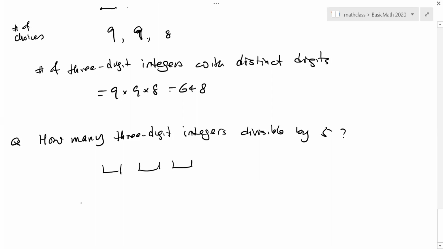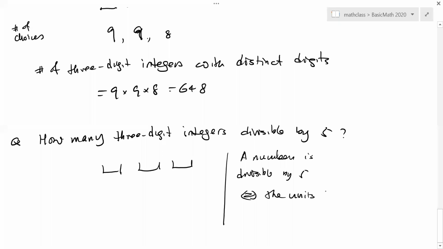So here's a fact: a number is divisible by 5 if and only if the units digit is 0 or 5. Do you agree?